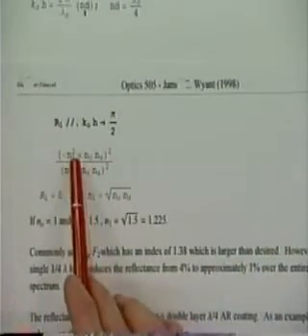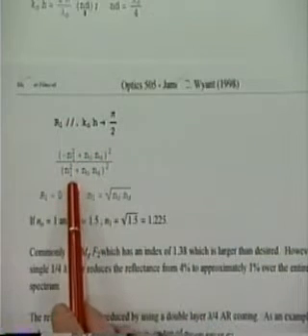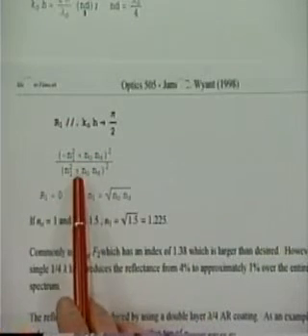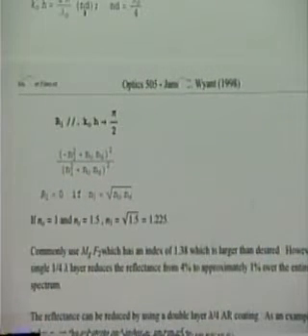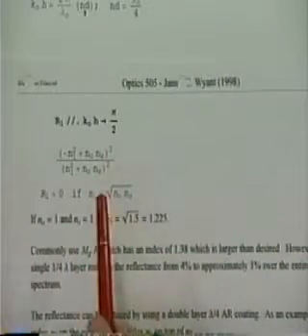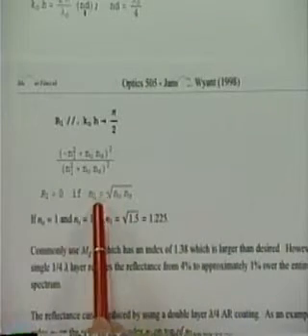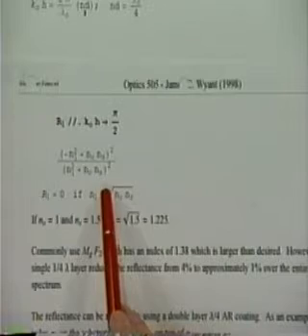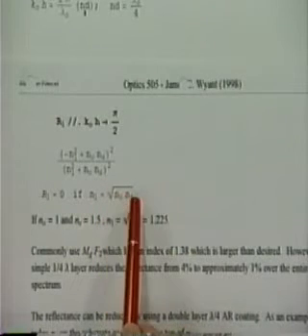The reflectivity goes as minus n1 squared plus n naught ns, quantity squared, divided by n1 squared plus n naught ns squared. And if we want an AR coating, so no reflectivity, we set this equal to 0, and we find that n1, the refractive index of the film, is equal to the square root of the index outside one side of the film times the index outside the other side of the film.